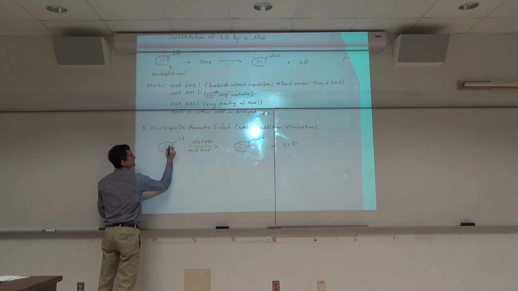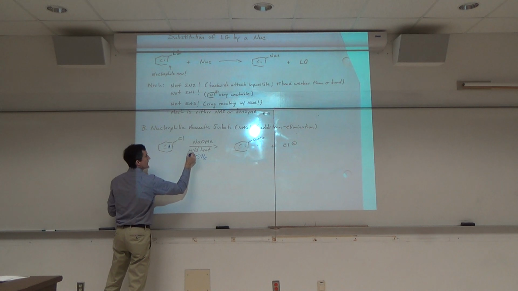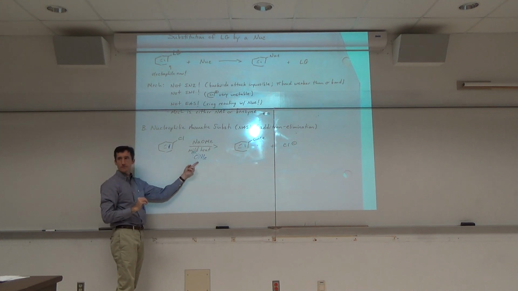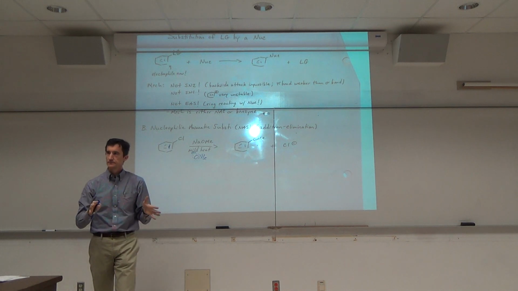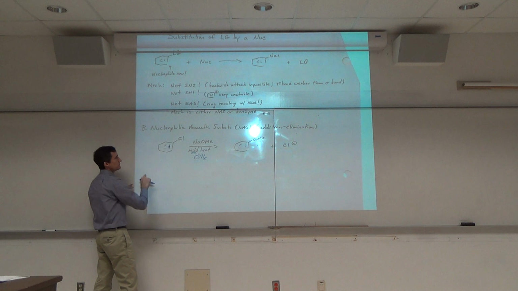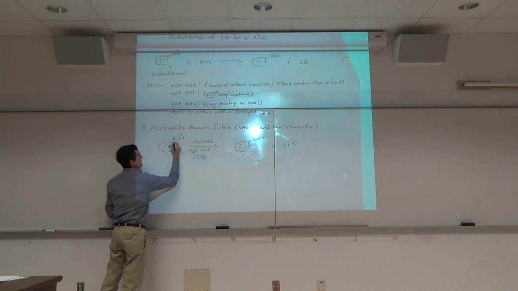Let's make sure this bond is drawn in here. First step: what type of reactivity do we have here? That's a nucleophile. What is it attracted to? Positive. Which carbon is the most positive? I agree, it's the one with the chlorine.